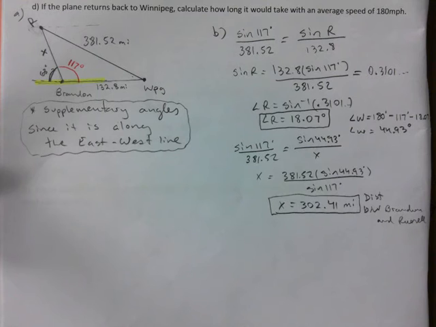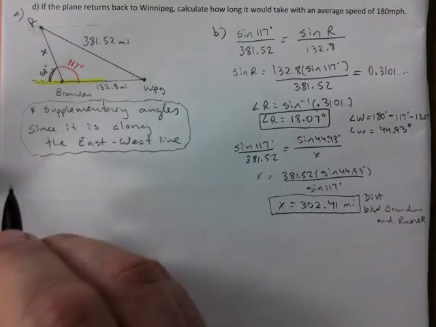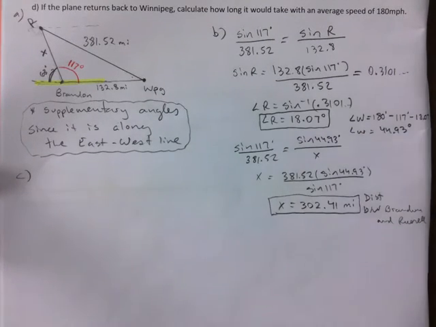Okay, what are we at time-wise? We're okay, so I'm going to slow down a little bit. See how much further north is Russell compared to Winnipeg. How would you find this?